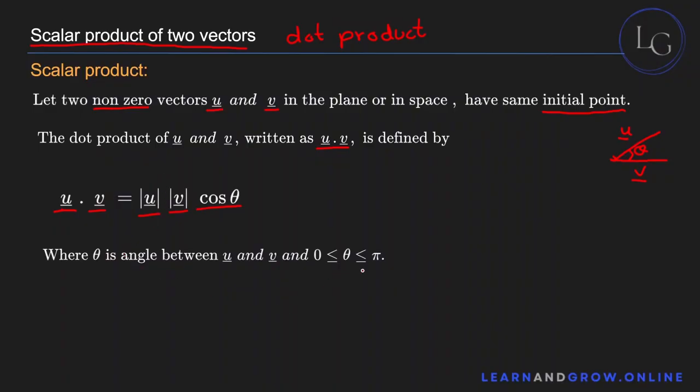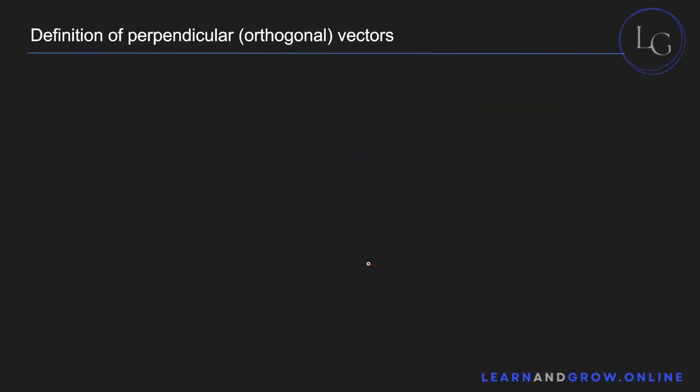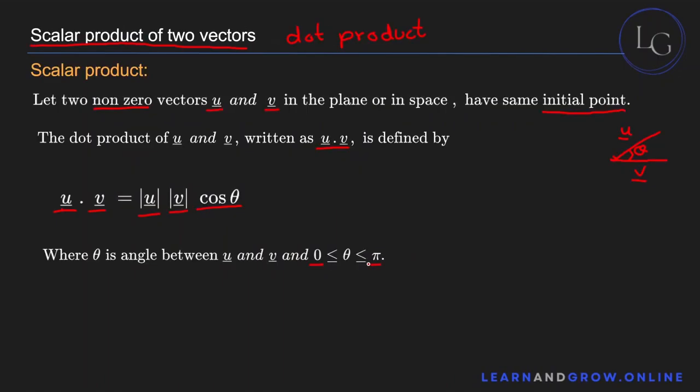And the theta must lie between pi and 0, or in terms of degrees between 0 and 180 degrees, right? Now, another reason why that is because if you have this as the vector v, again, this is v, and let's say that this is the vector u.